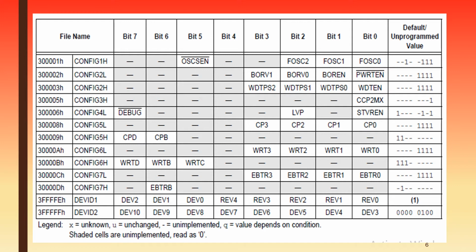namely CONFIG1L, CONFIG1H, CONFIG2L, CONFIG2H, CONFIG3H, then CONFIG4L, CONFIG5L, 5H, 6L, 6H, 7L, 7H, and DEVID1 and DEVID2. Out of these, DEVID1 and DEVID2 are device ID registers.